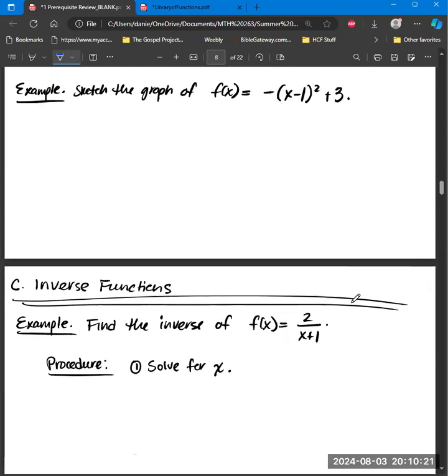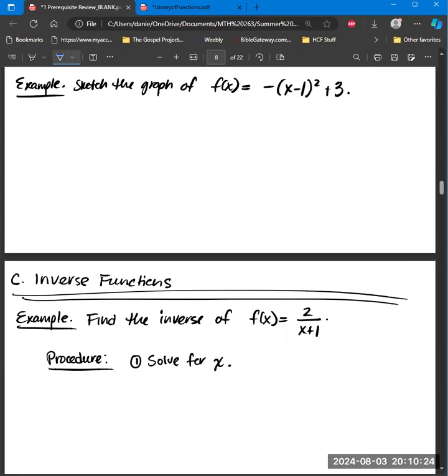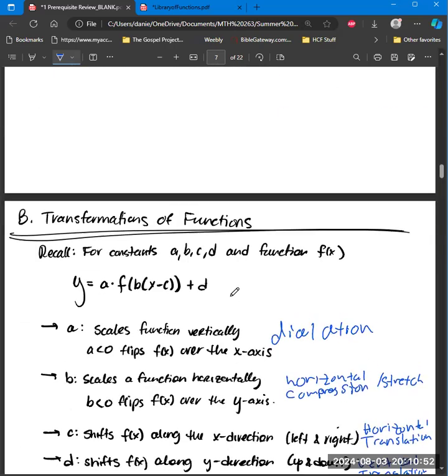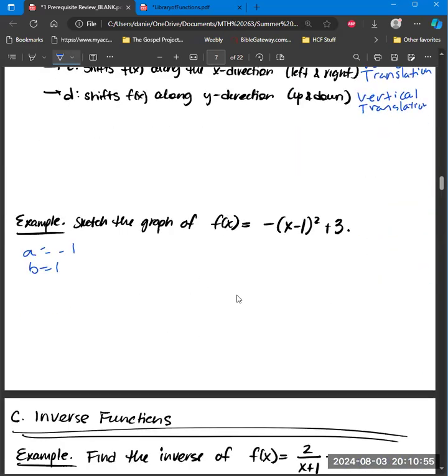All right, let's go ahead and sketch the graph of negative (x minus 1) squared plus 3. So first, let's identify our a, b, and c. So a is a -1, b is a +1. There's no multiplier in front of x. C is also a +1, and D is equal to +3.